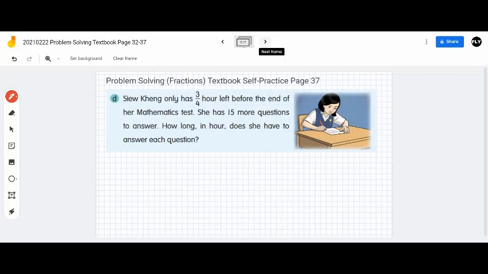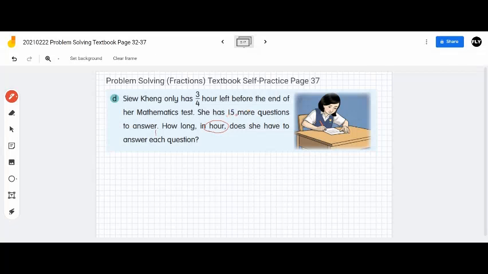So the unit is in hour. Circle it. Usually I circle the unit. Each means one question. How long does it take to answer one question?